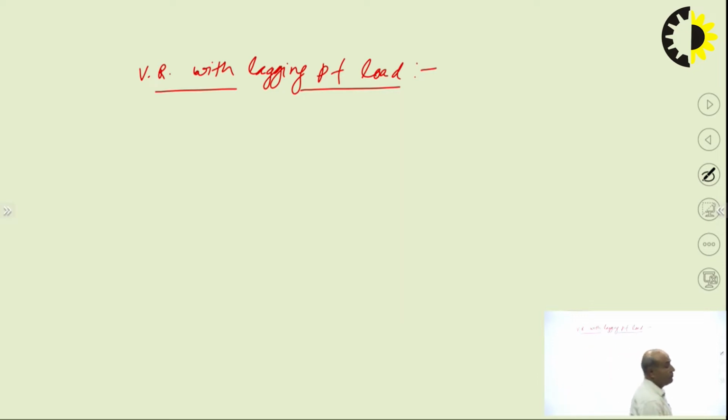Now we know that for lagging power factor load, we will draw the phasor diagram first.